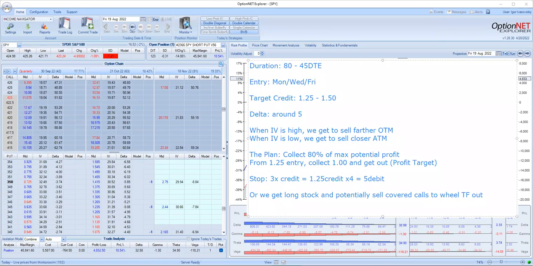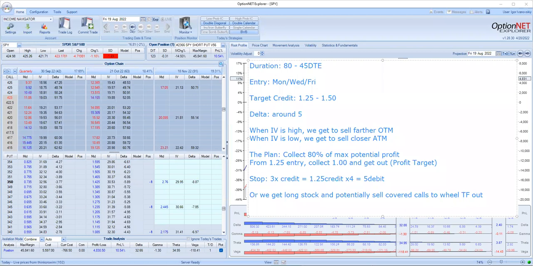But I think that on a 10 position portfolio of these short puts, the margin normally is somewhere between 6 and 8,000.